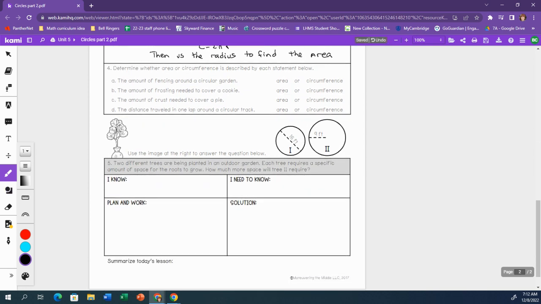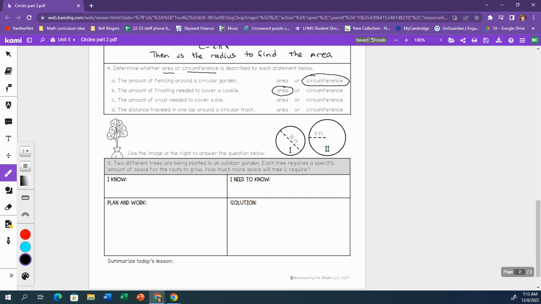Okay. Determine whether the circumference is described in each statement. Oh, is it area or is it circumference? The amount of fencing around a garden, that's circumference. The amount of frosting to cover a cookie, what is that? That would be area.